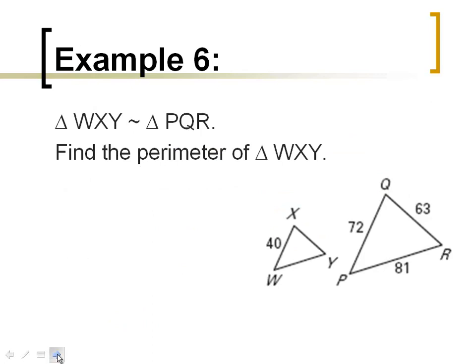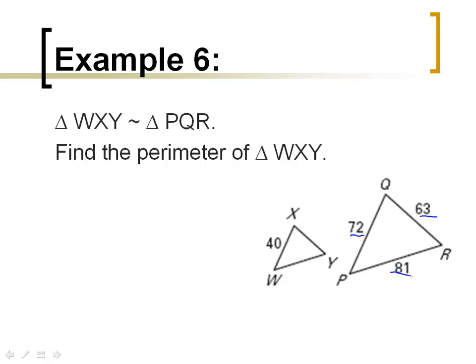Example 6 says triangle WXY is similar to triangle PQR. So that means all our sides are proportional. Find the perimeter of triangle WXY. Oh, look at it, they give me all three of the side lengths for this one.